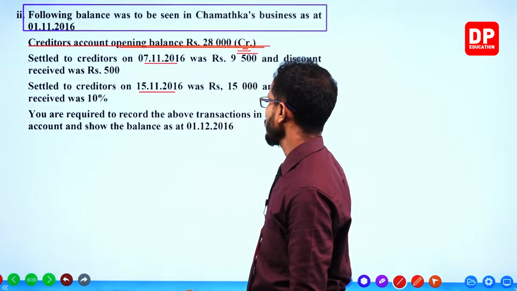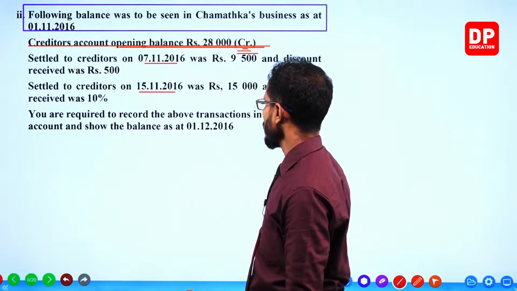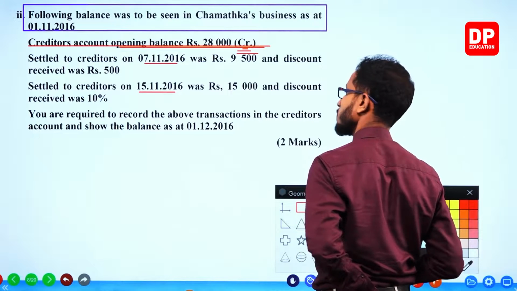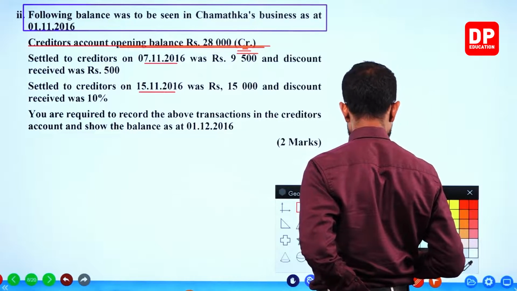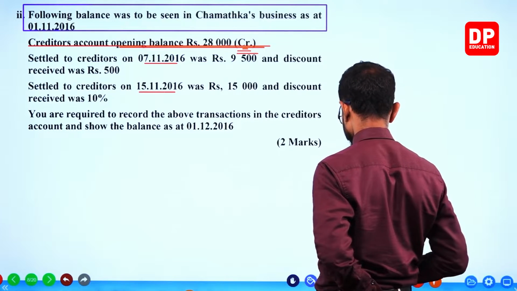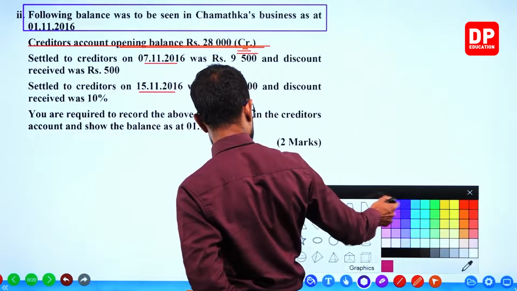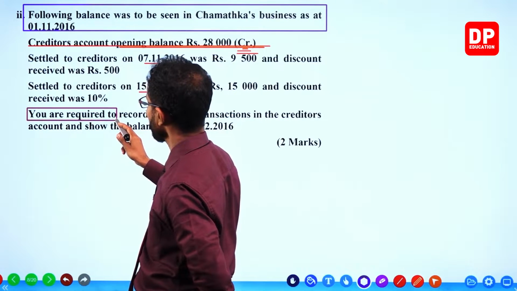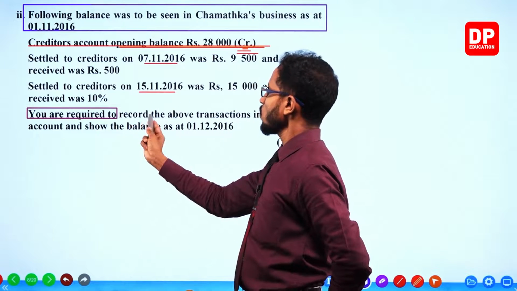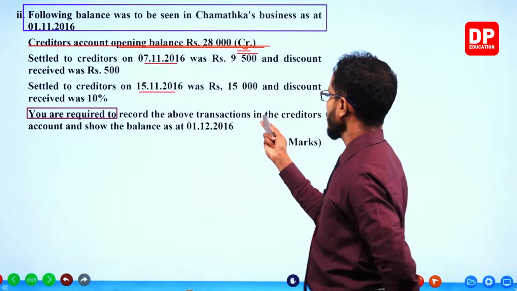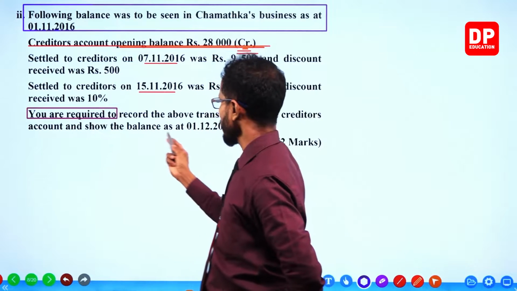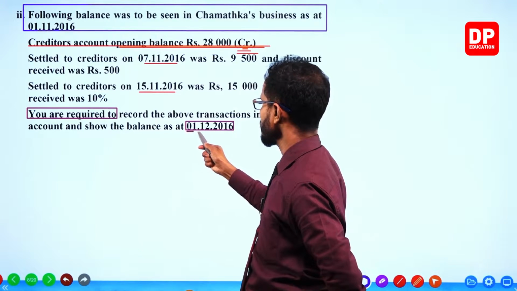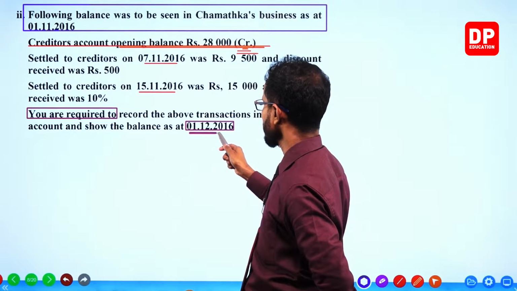That is not a problem. What are they saying? You are required to record the above transactions in the creditor's account and show the balance as at 1st December.